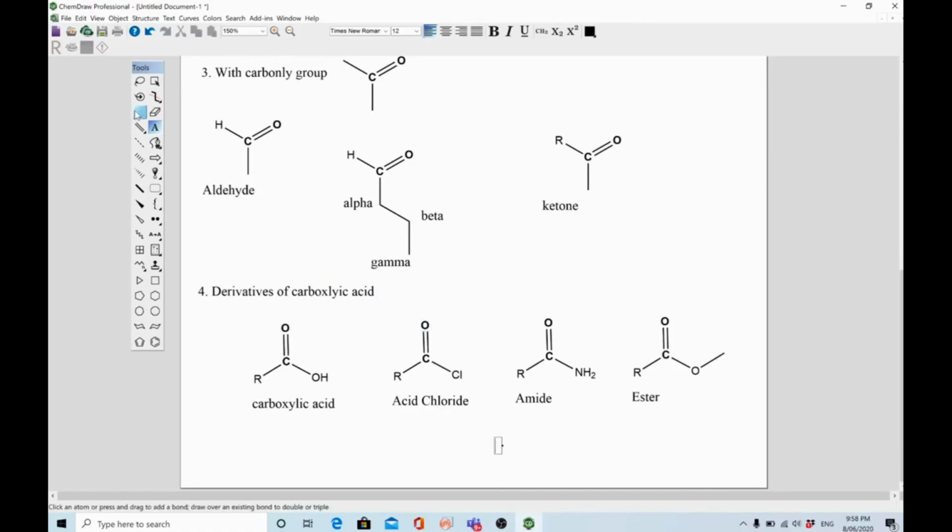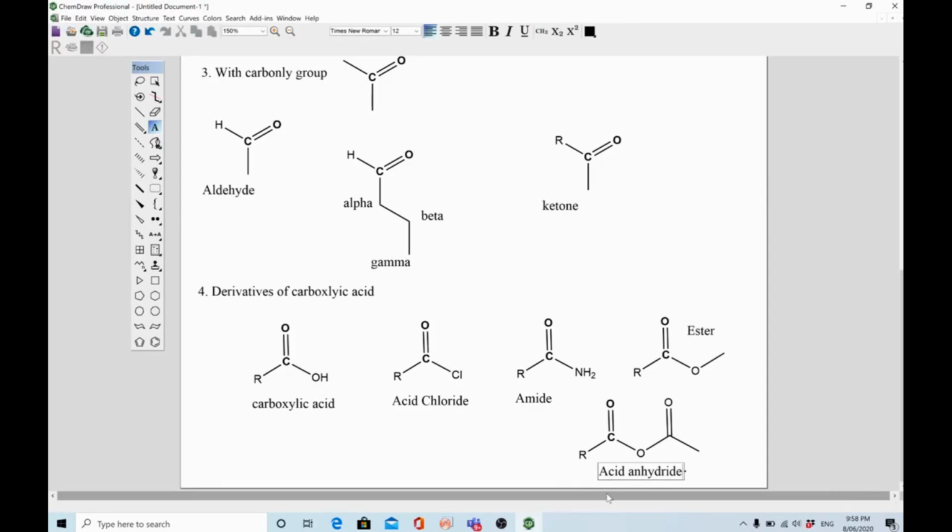Okay, this is acid anhydride, this is ester. Again, these are derivatives of carboxylic acid. So this was the acid anhydride functional group.